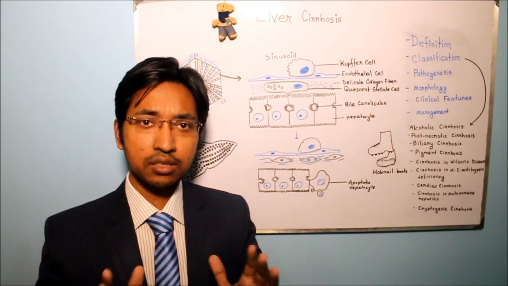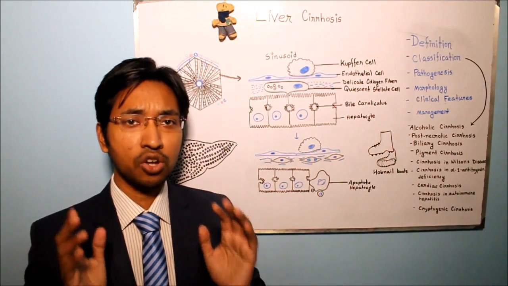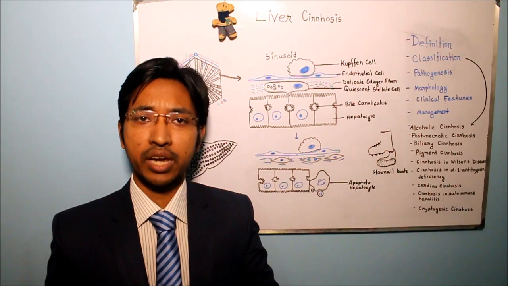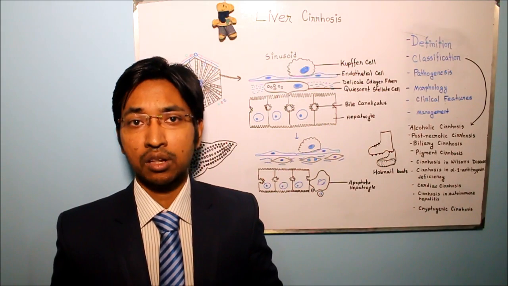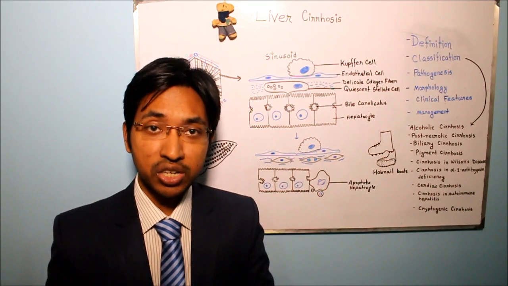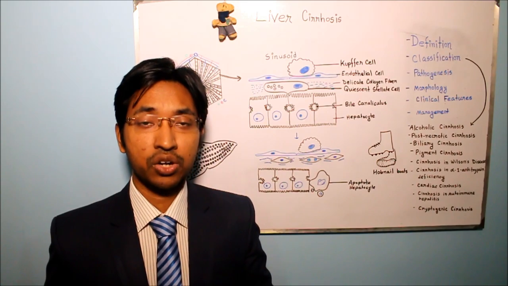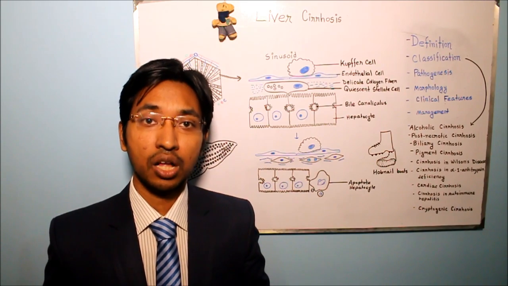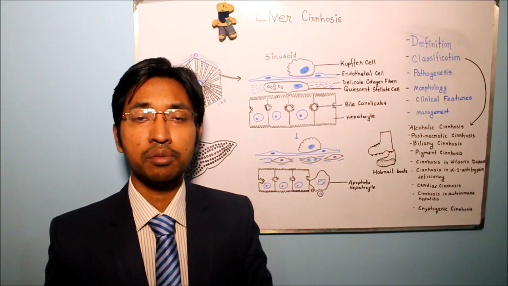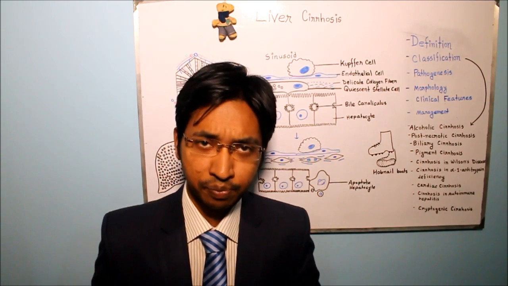The second thing that you have to remember is that in liver cirrhosis, the normal lobular architecture of the liver is lost and it is replaced by regenerative parenchymal nodules that are separated from each other by irregular bands of fibrosis. Now let me explain.